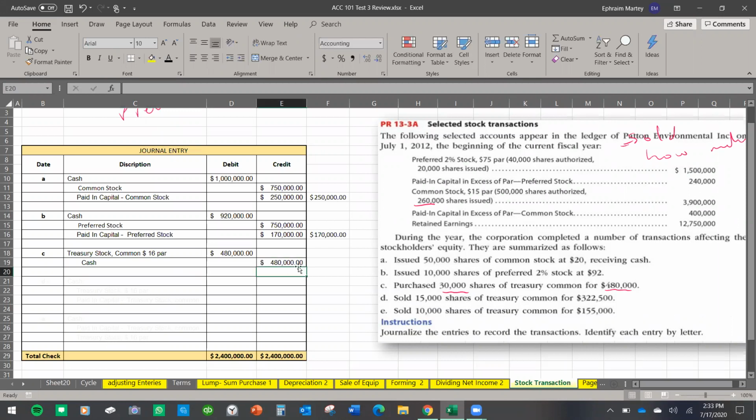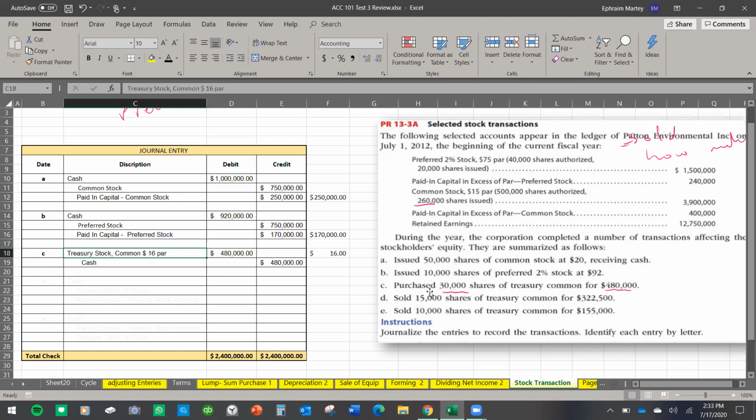But you want to know the worth of the treasury stock. If you purchased 30,000 shares for 480,000, you divide by 30,000, so each treasury share is worth $16. That's how I got the 16 here.